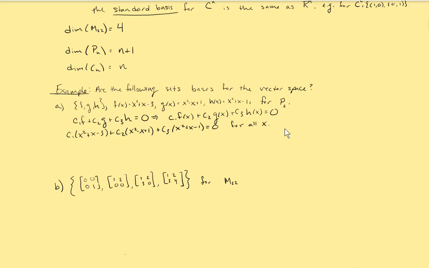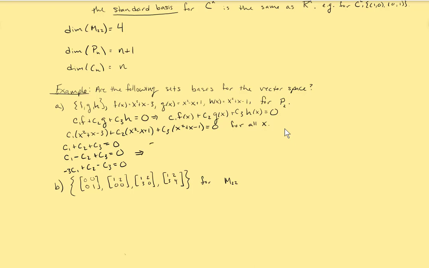We equate coefficients of like powers of x on both sides of this equation, which tells us c1 plus c2 plus c3 equals 0, since the x squared coefficients on the left side must equal 0, as there is no x squared on the right. Linear coefficients give us c1 minus c2 plus c3 equals 0. And constants give us negative 3c1 plus c2 minus c3 equals 0.